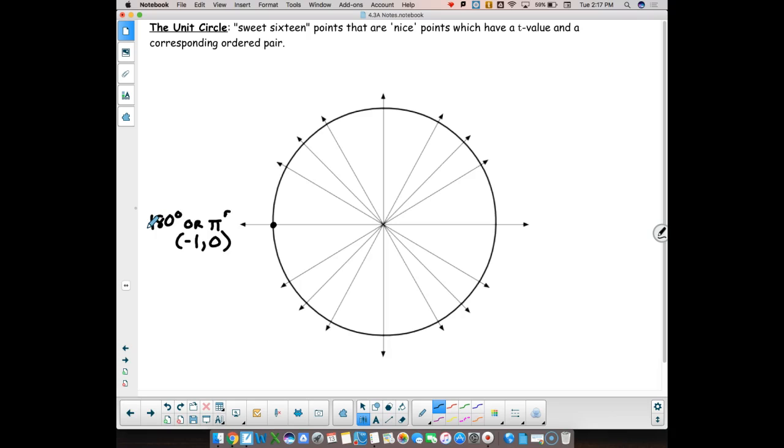What's another nice one? 0. Where is 0 degrees? On the right side of my unit circle. If this is 0 degrees, how many radians is it? It's also 0 radians. What are the coordinates then of the point that is on the unit circle at 0 degrees, 0 radians? 1, 0.